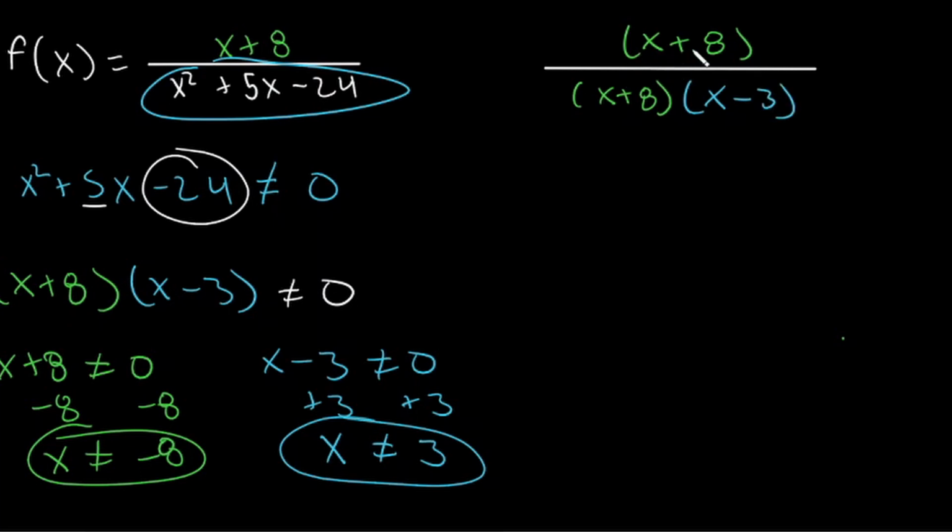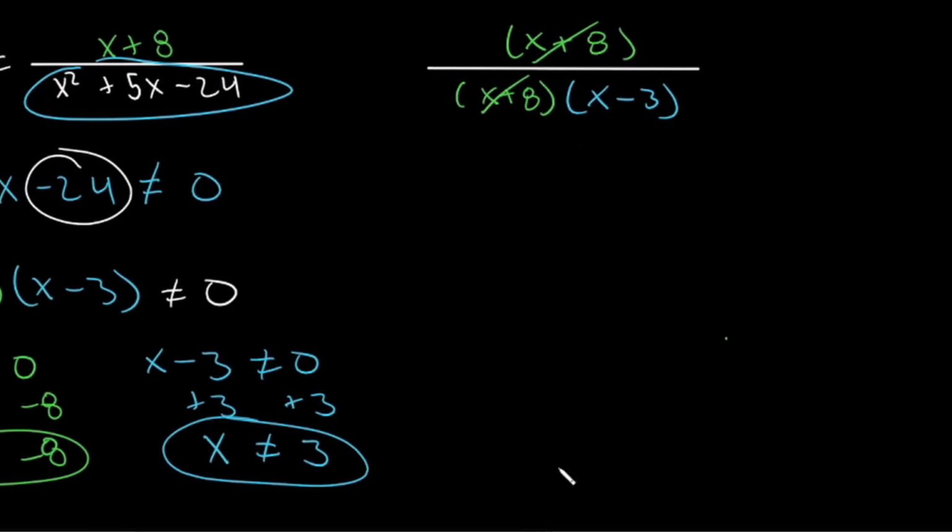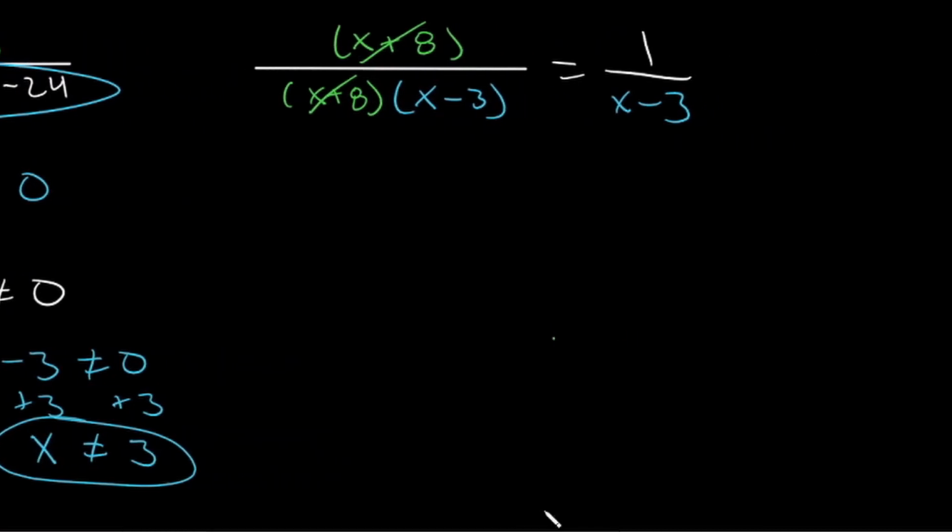So you could say, can't we just cancel these two x plus 8s and be left with 1 over x minus 3? Now, of course, you could do that, but it wouldn't get rid of your domain restriction of x cannot equal negative 8. So you would still have to add a little domain restriction here saying x cannot equal negative 8.